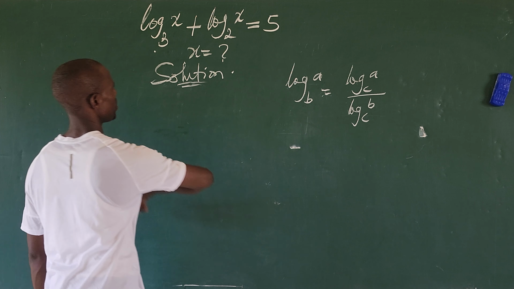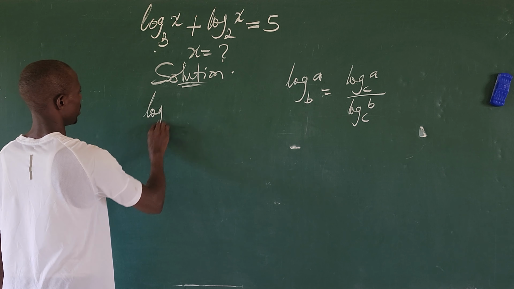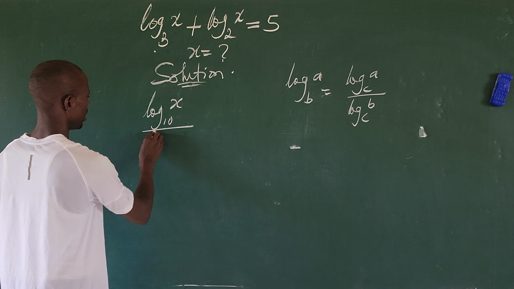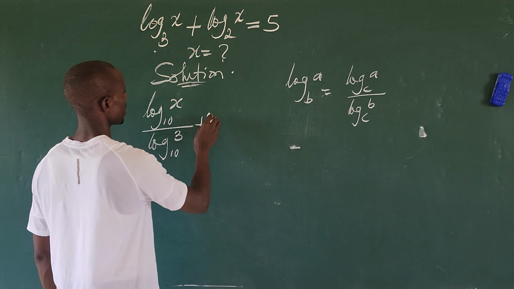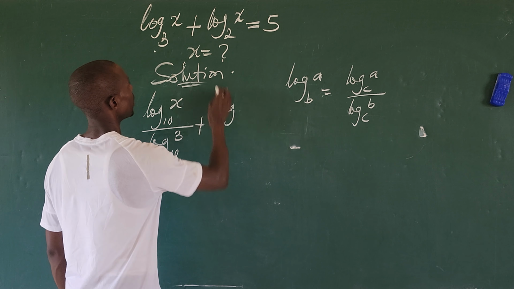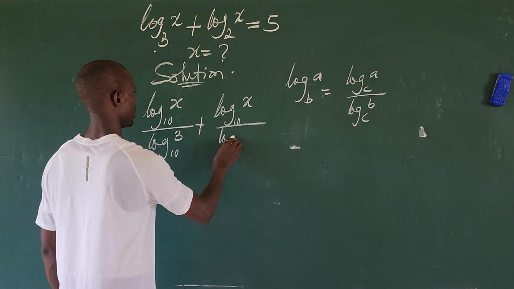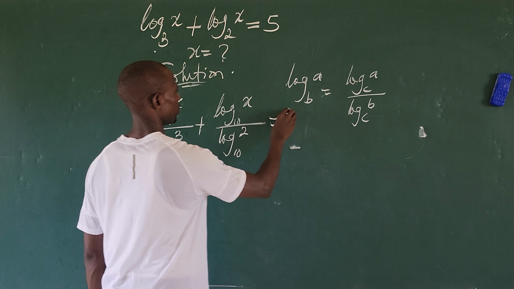So we want to change this to base 10, and this to base 10. This gives us log x base 10 all over log 3 base 10, plus log x base 10 all over log 2 base 10, everything equal to 5.